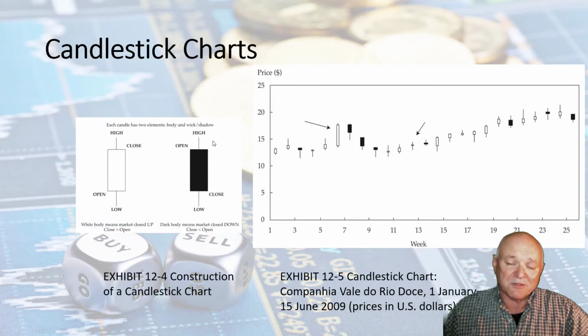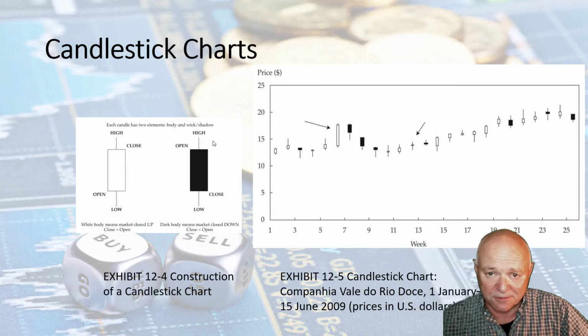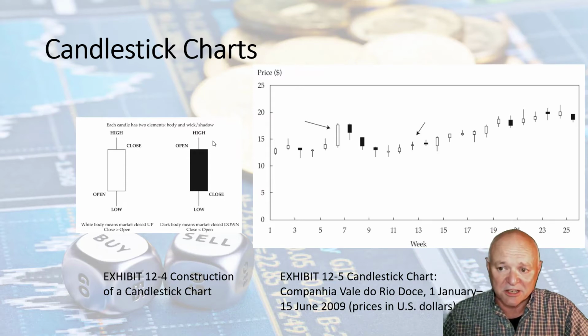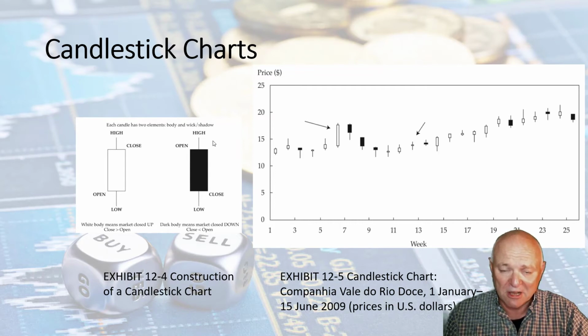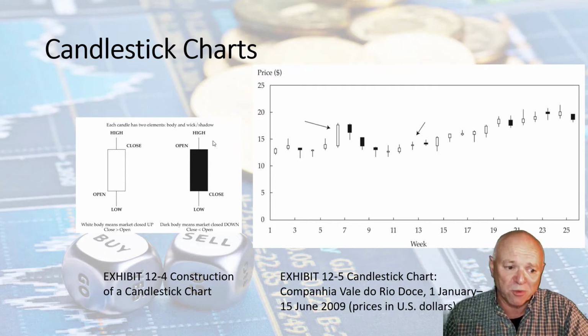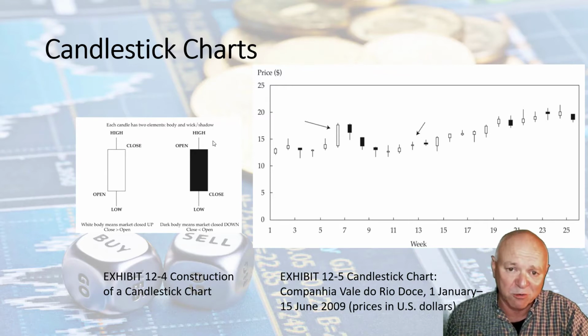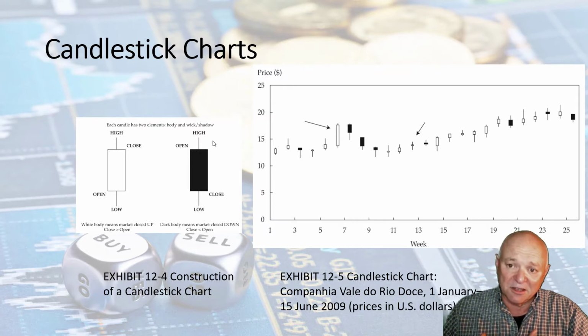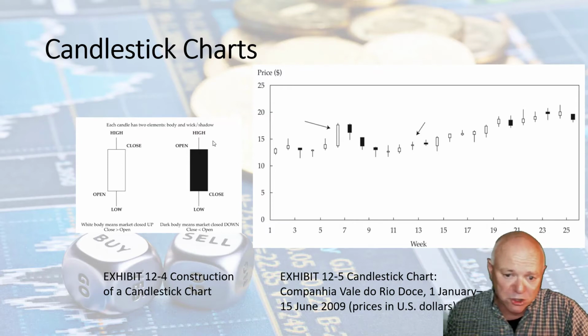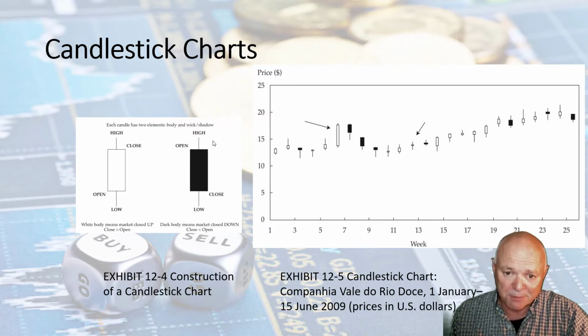Another version that you may have seen is a candlestick chart. The candlestick chart is a very old type of charting tool, probably developed originally during the Meiji Restoration in Japan, and used for commodity trading, things like rice. Again, we have a lot more information than we have with a simple point chart.